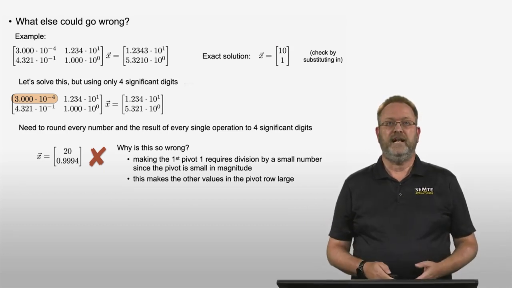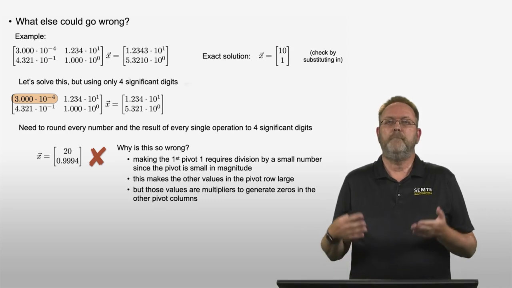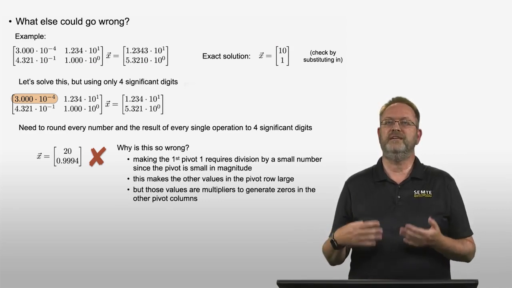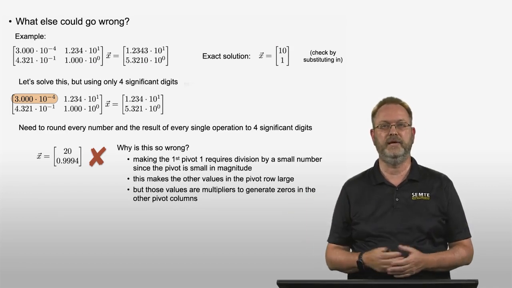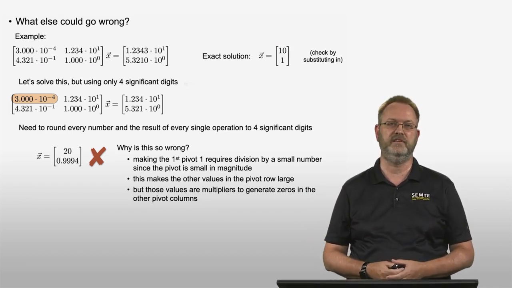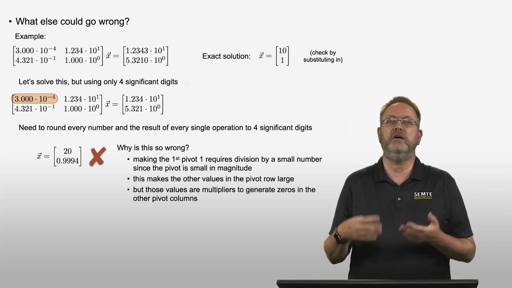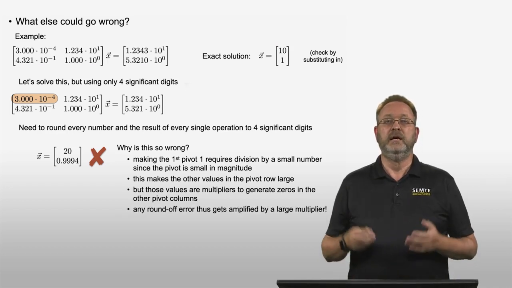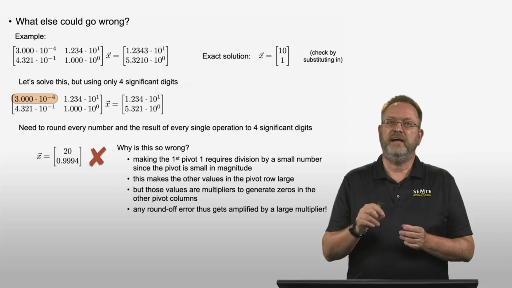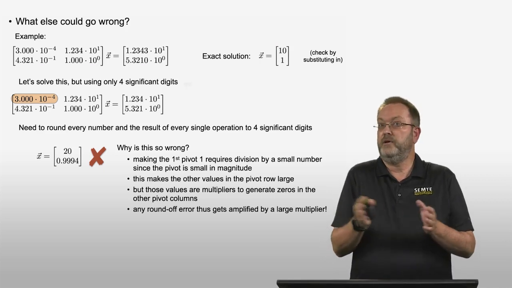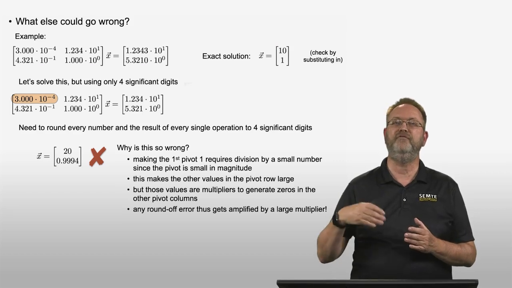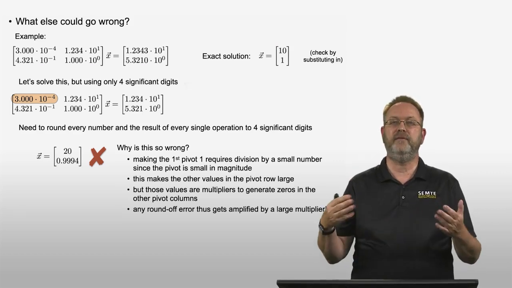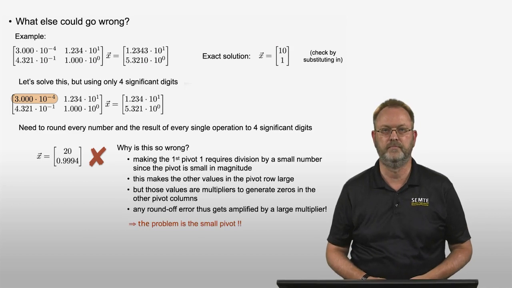But what do those values do? Those values are multipliers to generate zeros in the other pivot columns. So we have large multipliers, which means that any round-off error we might have, because we only have 4 significant digits available, now gets multiplied by a very large value, amplifying this round-off error.